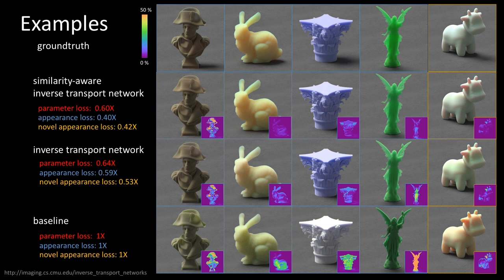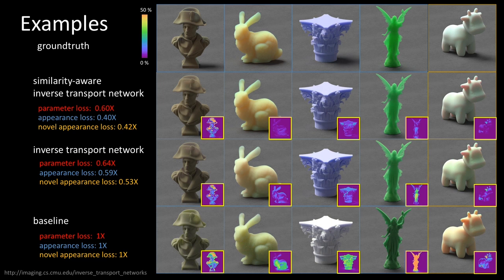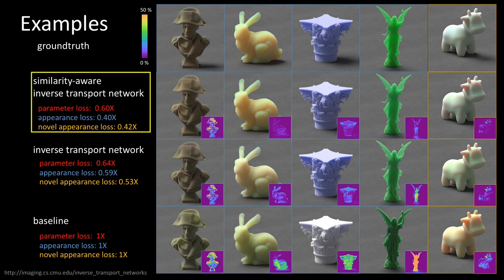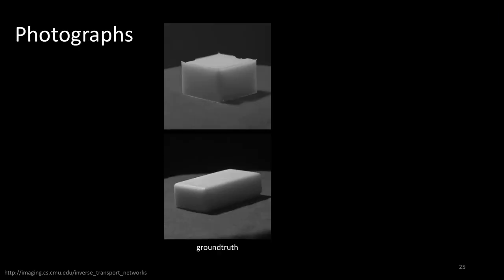We compare input images to images reconstructed from network predictions. From the error maps, we see that both of our networks reproduce the input appearance much more closely than the baseline, with the similarity network producing the best matches. The network improves all our error metrics by 40 to 50% compared to baseline.